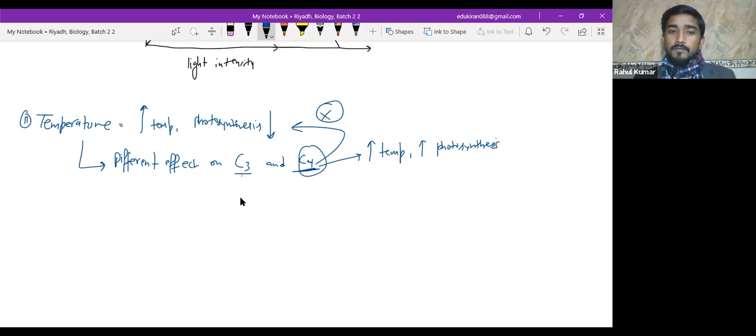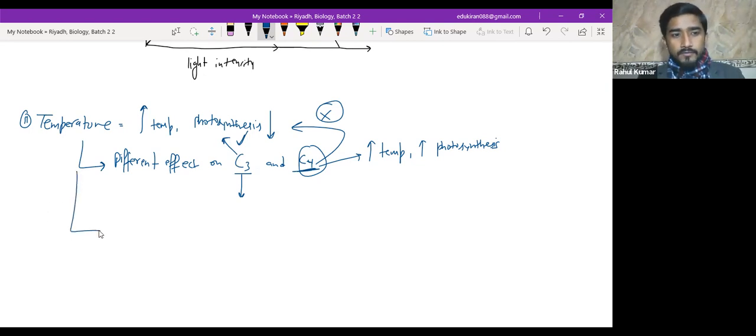And write down, whereas for C3 plants, higher temperature leads to reduced photosynthesis. This is basically correct for C3 plants. And it's not only about C3 and C4 segregation.